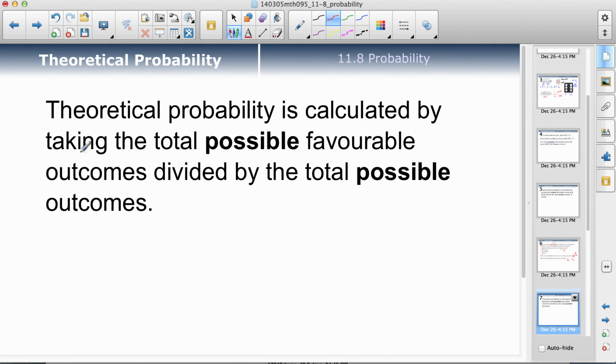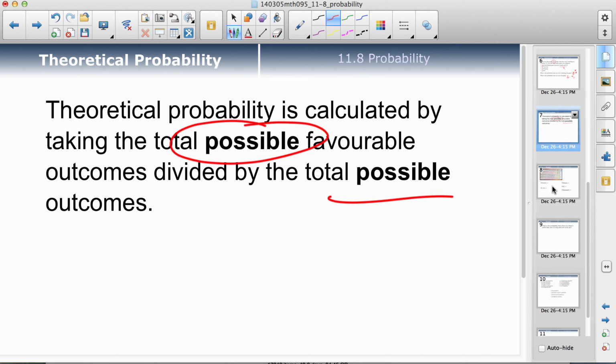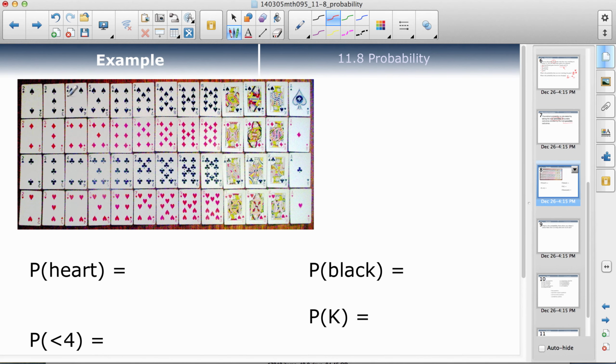Okay, so we've done experimental. Theoretical then is, like we said, taking possible things that you want to have happen over the total possible things that could happen. So for example, if you're playing cards, here's a deck of 52 cards.